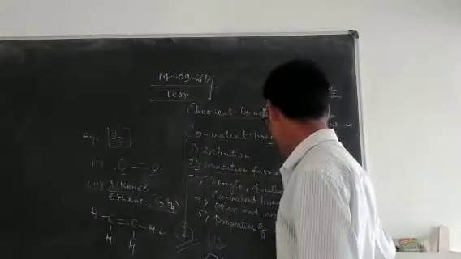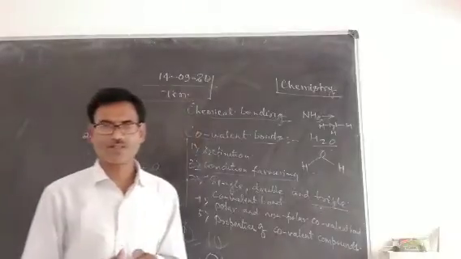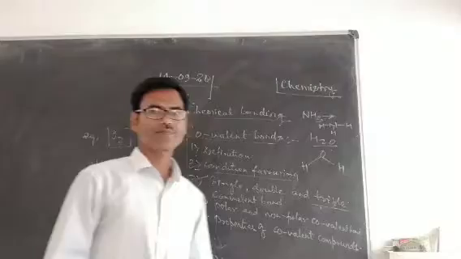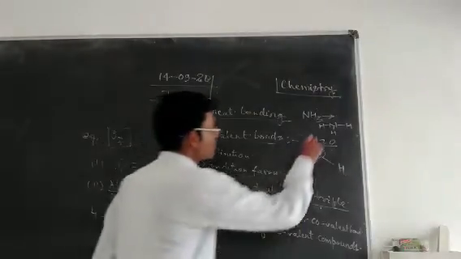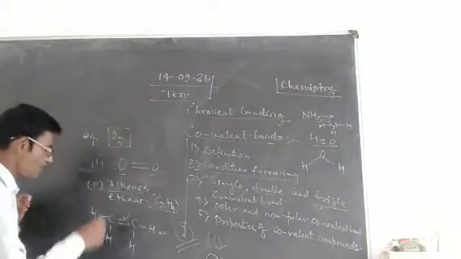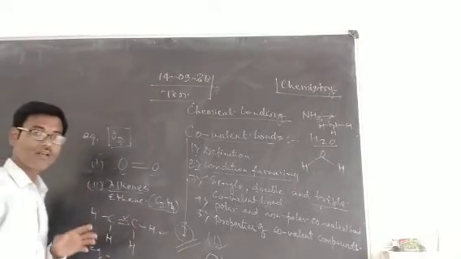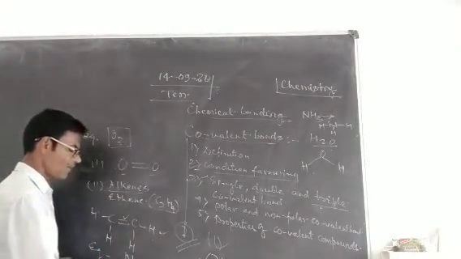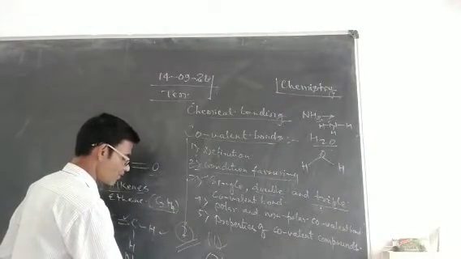Next, a triple covalent bond is formed when three pairs of electrons are shared between the atoms. A single covalent bond is denoted by a single dash, a double covalent bond by a double dash, and a triple covalent bond is denoted by a triple dash. In the molecule of nitrogen, the two atoms are joined by a triple covalent bond.